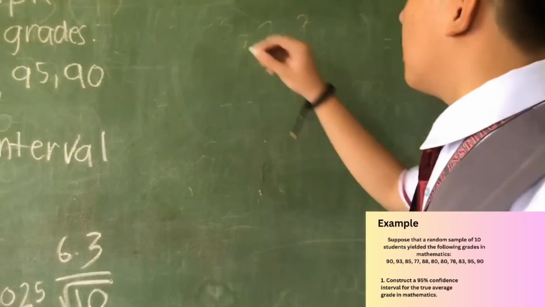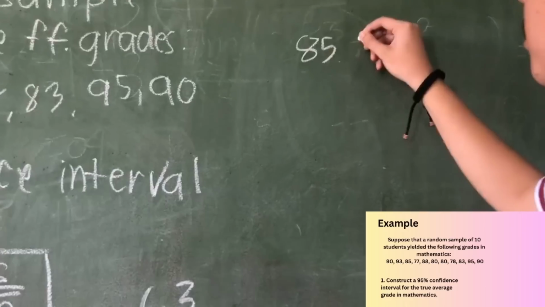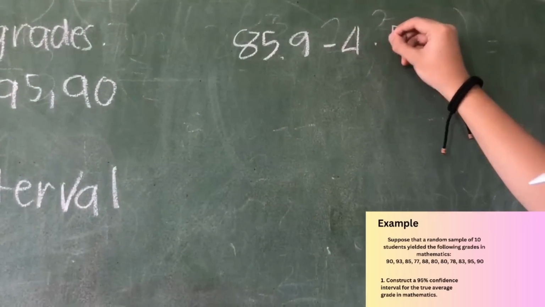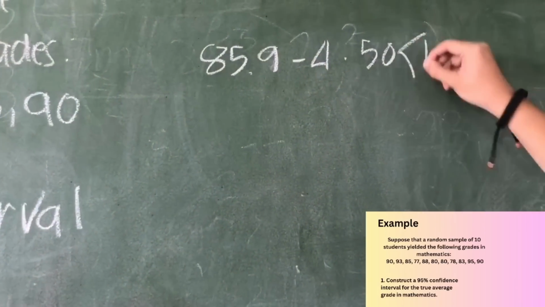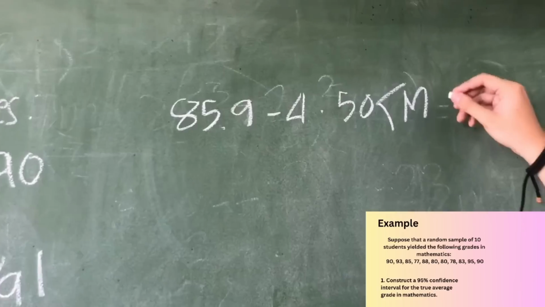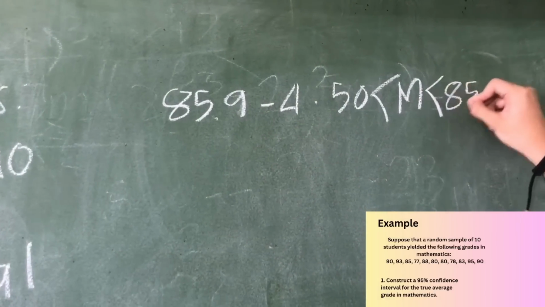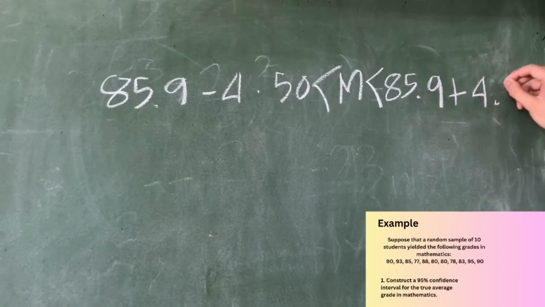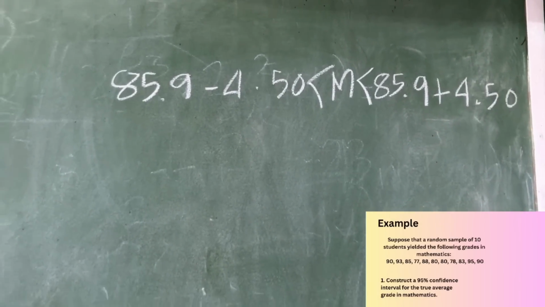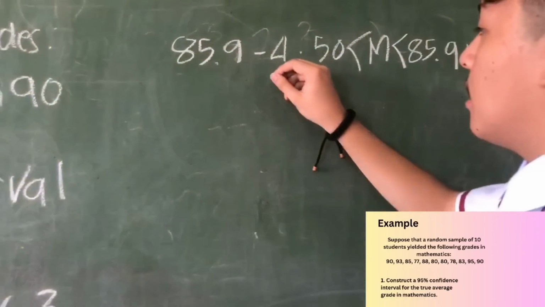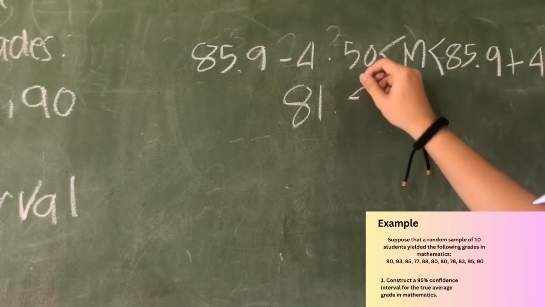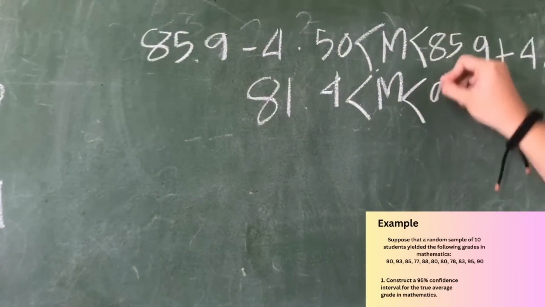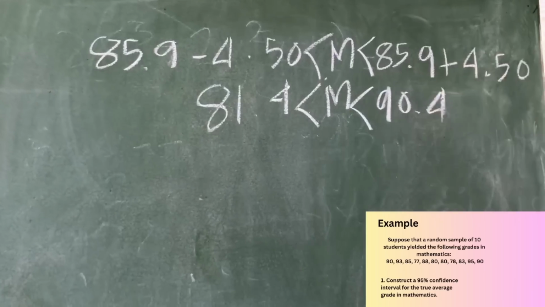Next step, 85.9 minus 4.50, less than mean, less than 85.9 plus 4.50. Next step, 81.4 less than mean less than 90.4.